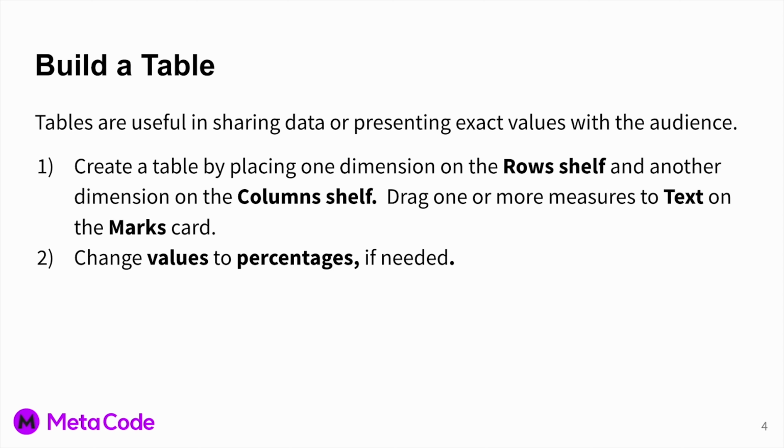Marks on Tableau show how your data is visualized. For a table, we want to show the data, whether it's letters, characters, or numbers, as text. So we select the text marks by dragging one or more measures to text. We can also change values to percentages if needed.